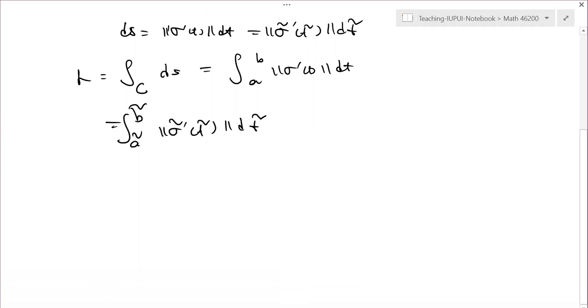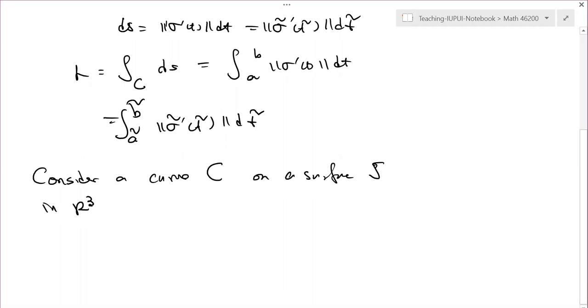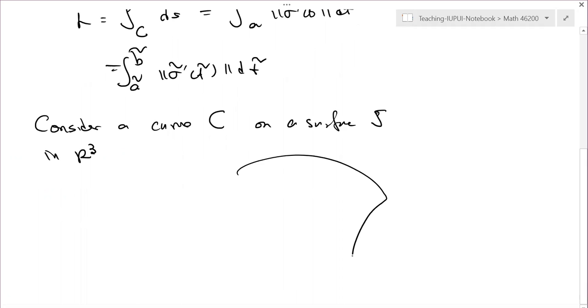Now we consider a curve C on a surface S in R3. So now you have a surface and you have a curve on it.